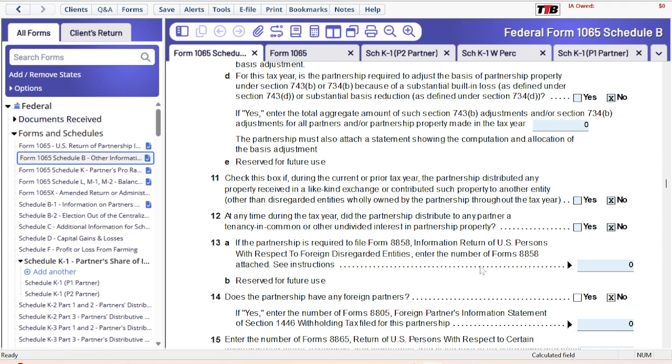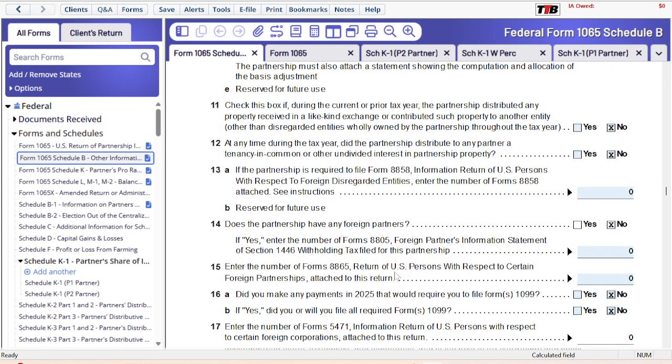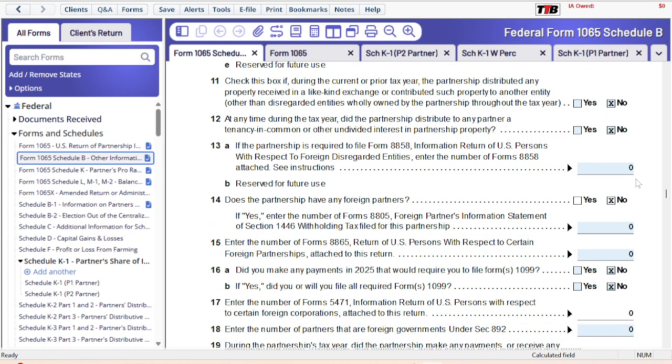The answer is no. Is the partnership required to file a 8978? Then you'll put the amount there if it's required. 14, does the partnership have any foreign partner? In this example, the answer is no.